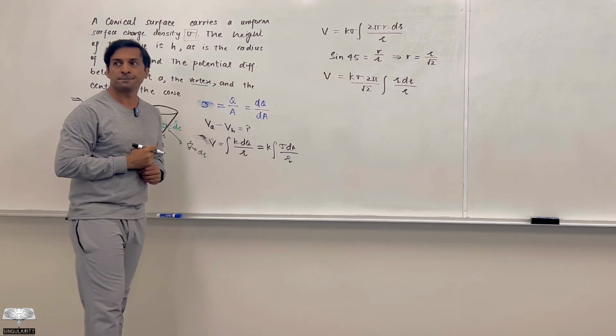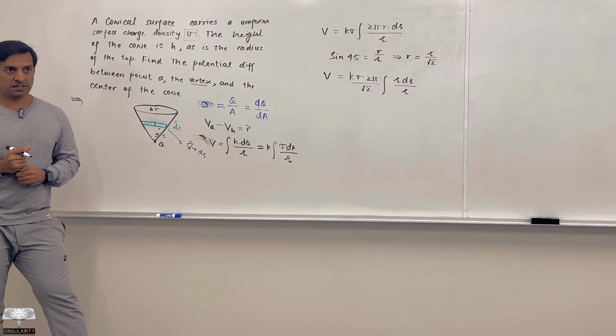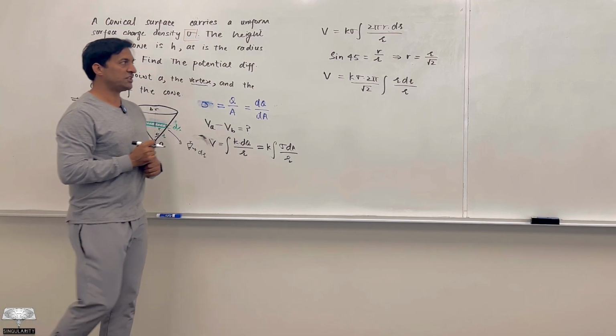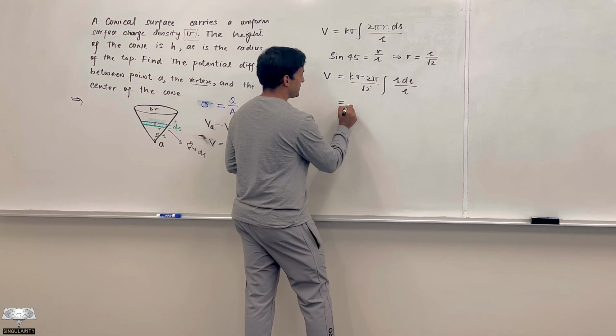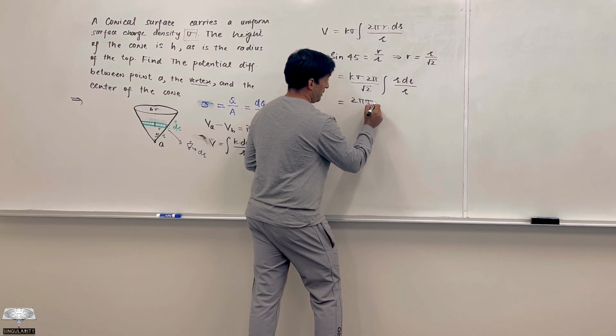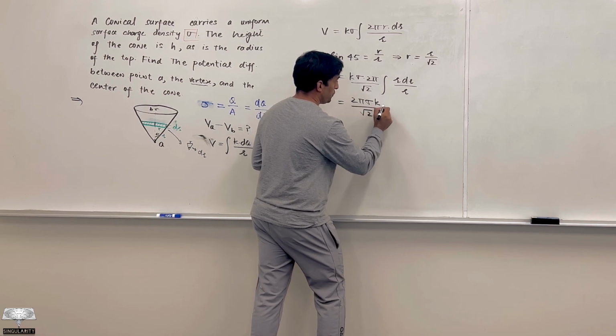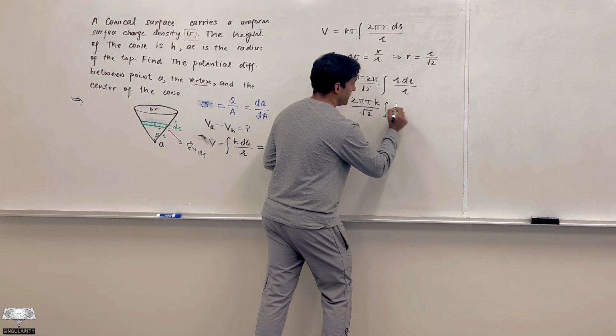Okay, we good? The curly r's cancel out, and we have just the integral over dr. So this is 2 pi sigma k divided by square root 2 times the integral of dr.